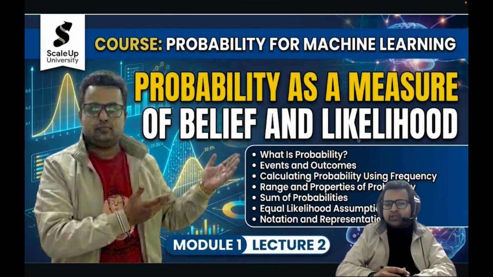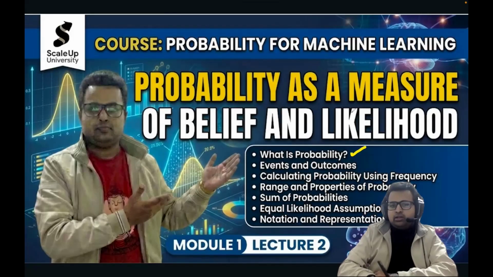So what topics will we discuss? First, we will look at what exactly probability is. Then we will look at the meanings of events and outcomes: what do we mean by events, and what do we mean by outcomes. Then we will talk about calculating probability using frequency. Then the range and properties of probability, some interesting properties we will see.